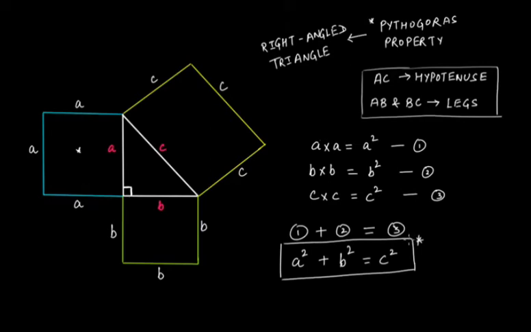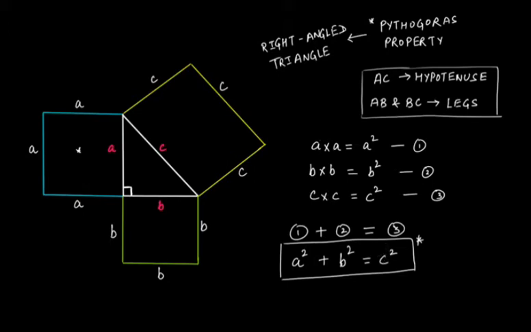Now we are not going to discuss the formal proof of this one, because the formal proof for Pythagoras property you will learn when you move to higher standards, higher grades. So if you are given that a triangle is a right angle triangle, then this Pythagoras property will always hold true.